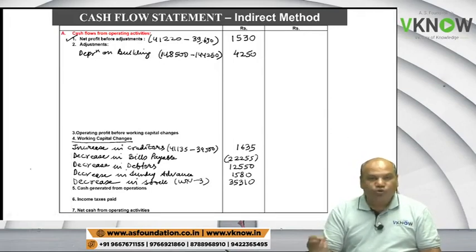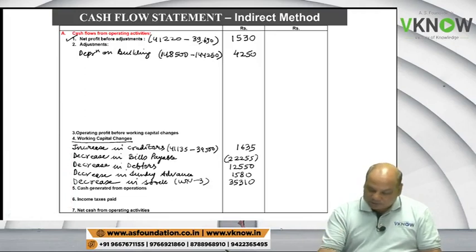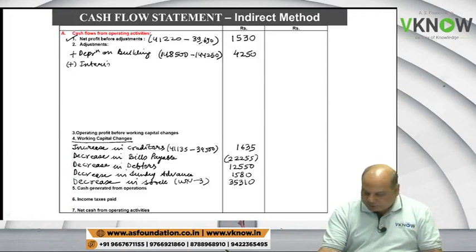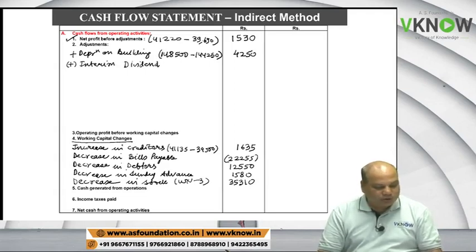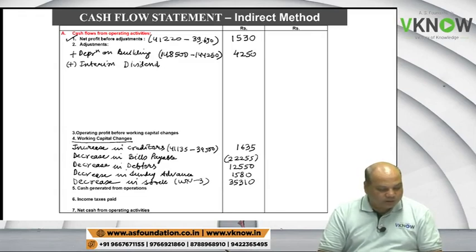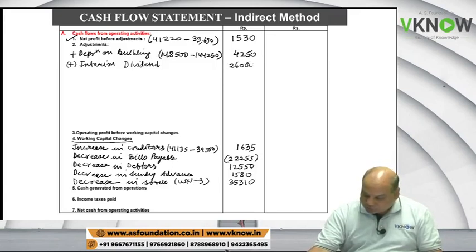I will first go to the P&L account, add back interim dividend because it was debited to the P&L account. Interim dividend is debited to P&L account, credited to interim dividend payable account, and interim dividend payable to bank. So I will write 26,000 here, positive.